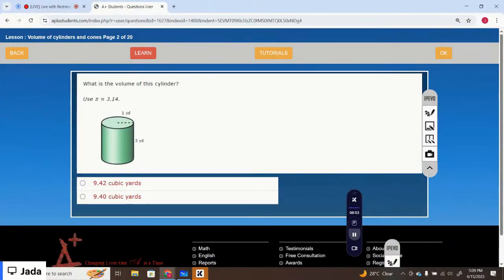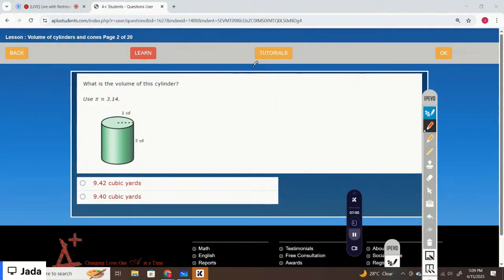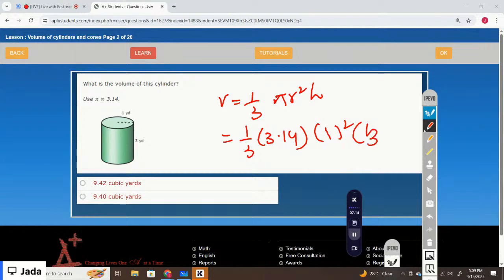What is the volume of this cylinder? V equals 1 by 3 pi r square h, that is 1 by 3, 3.14, the radius is 1, the h is 3.